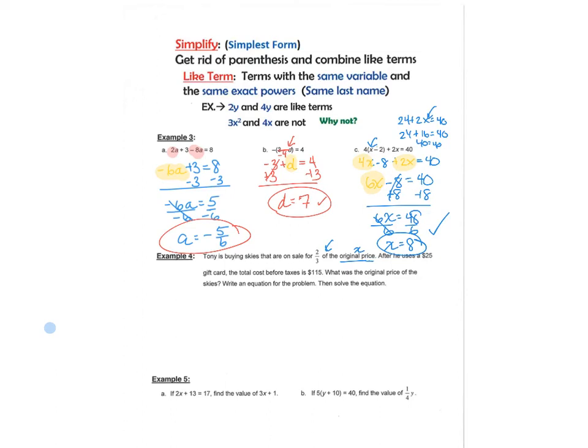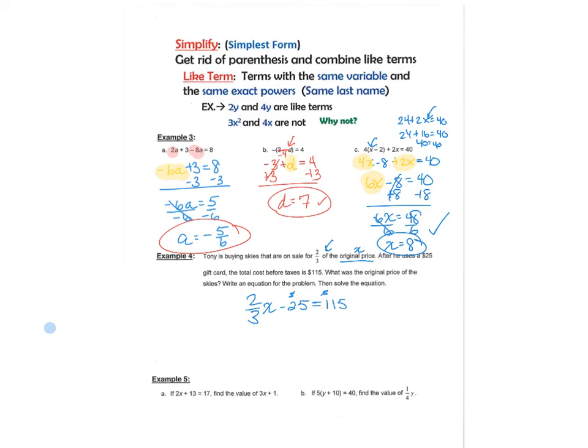Then from there I have 2/3 of the original price, so multiplied by x, minus the $25 gift card that he's already used, gives us a total cost, or equals $115. Okay, and so we can solve, put some dollar signs here so I remember what I'm solving for.